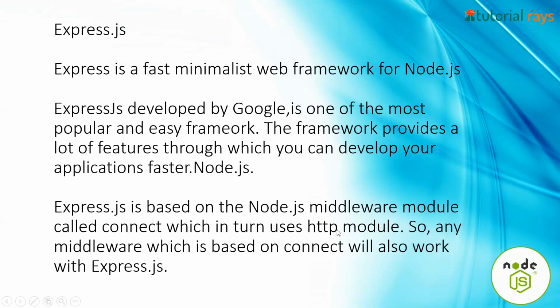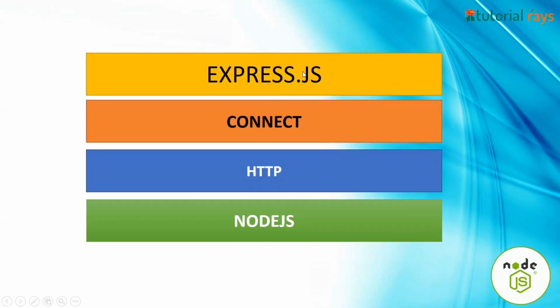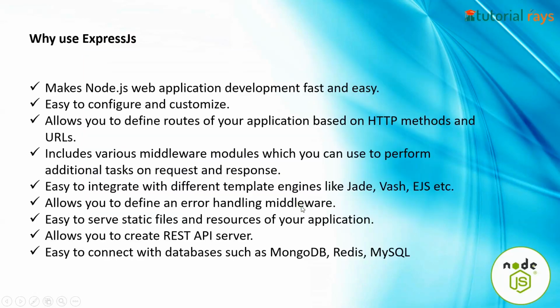So there is a middleware module, Connect, which already has this HTTP module. Any middleware which is based on Connect will also work with Express.js. So how does it work? Express.js uses Connect, then HTTP, and it uses Node.js.